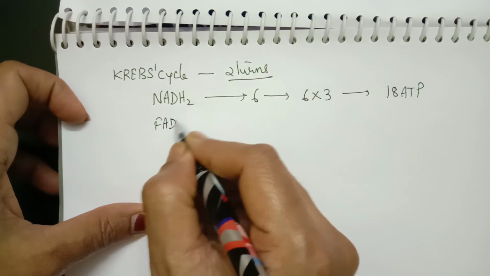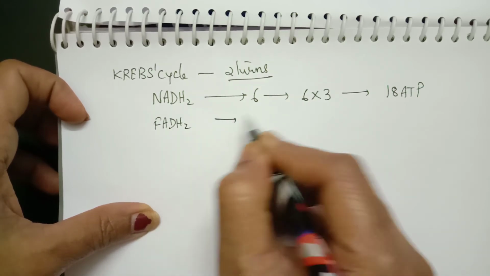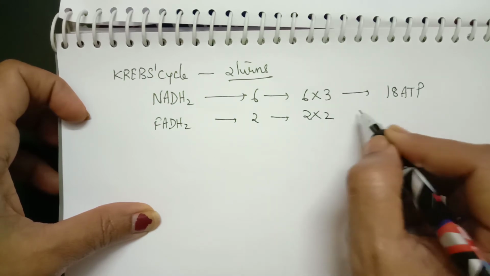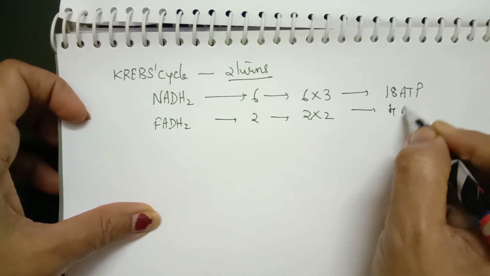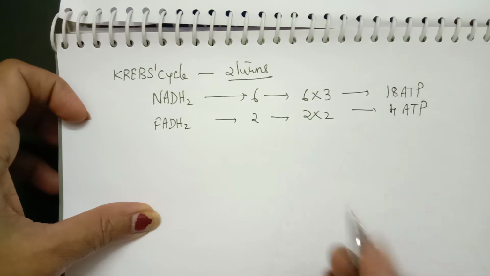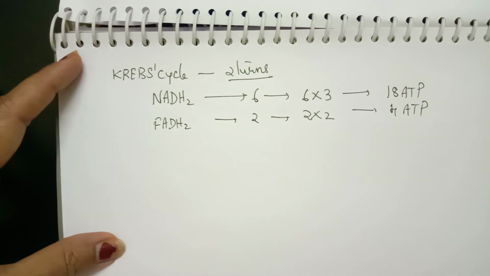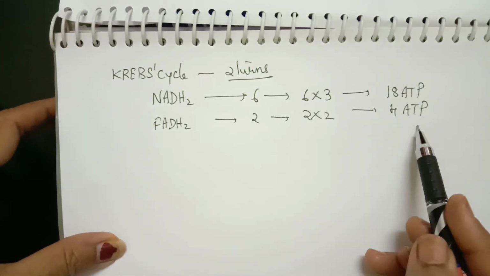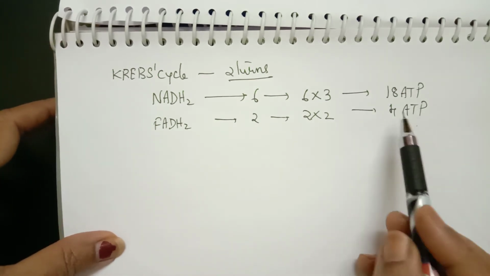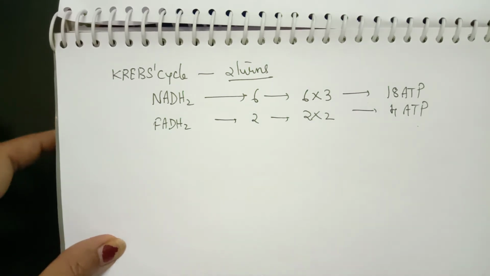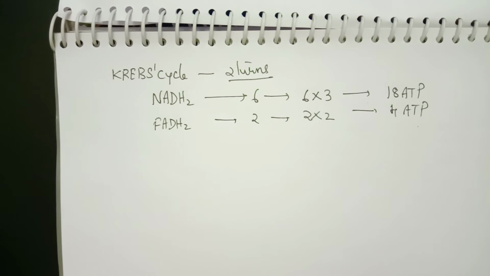FADH2 formed will be 2, that is 2 into 2, equal to 4 ATP. Because 1 FADH2 will give 2 ATP, 1 NADH2 will give 3 ATP. So, 18 ATP from NADH2 and 4 ATP from FADH2.